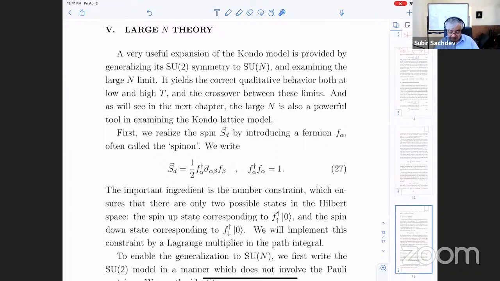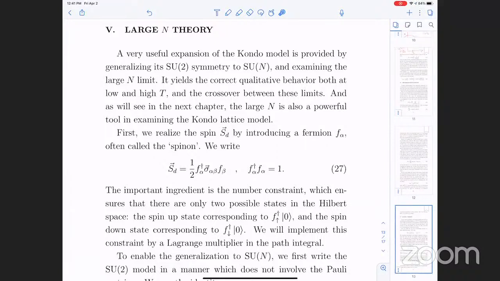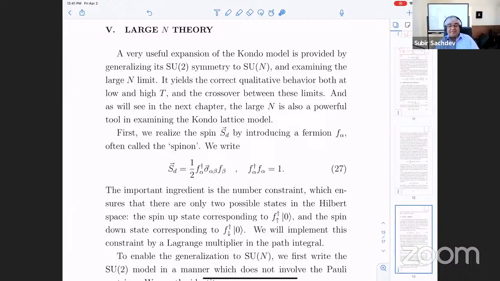But I'm going to avoid it. To really do everything correctly to all orders in what's called the 1/n expansion, you really need path integrals to impose this constraint. But if I only want the n equals infinity theory, then I can do without it.